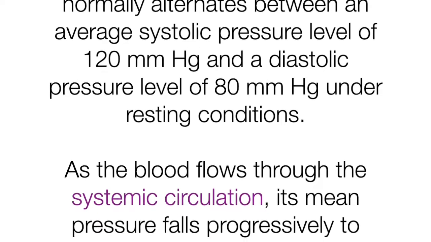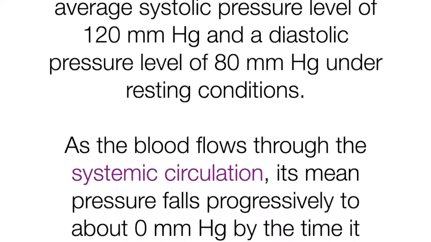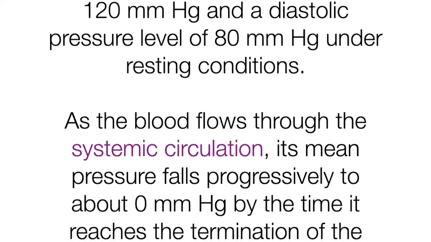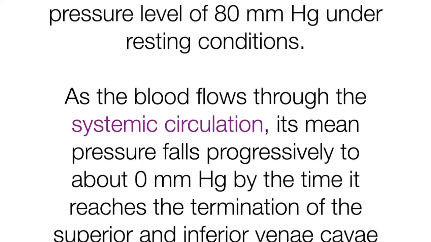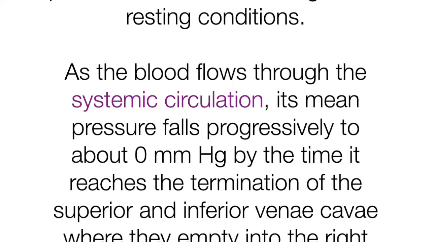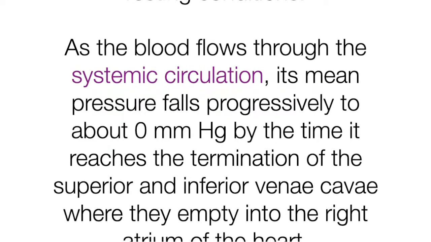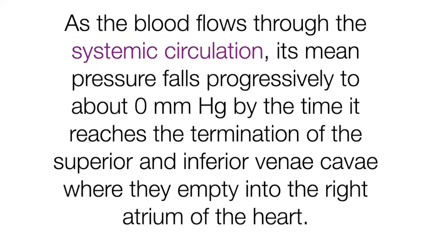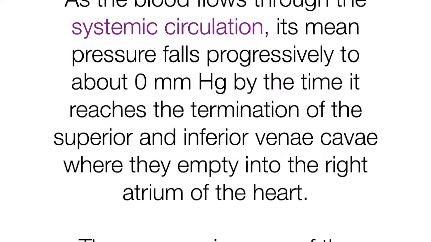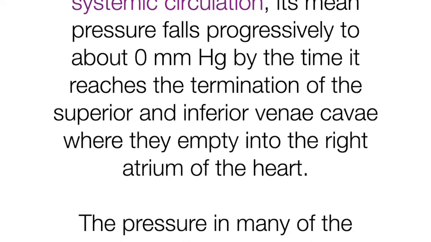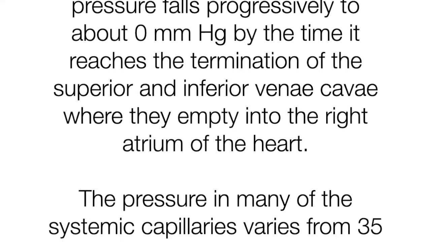As the blood flows through the systemic circulation, its mean pressure falls progressively to about 0 mm by the time it reaches the termination of the superior and inferior vena cavae, where they empty into the right atrium of the heart.